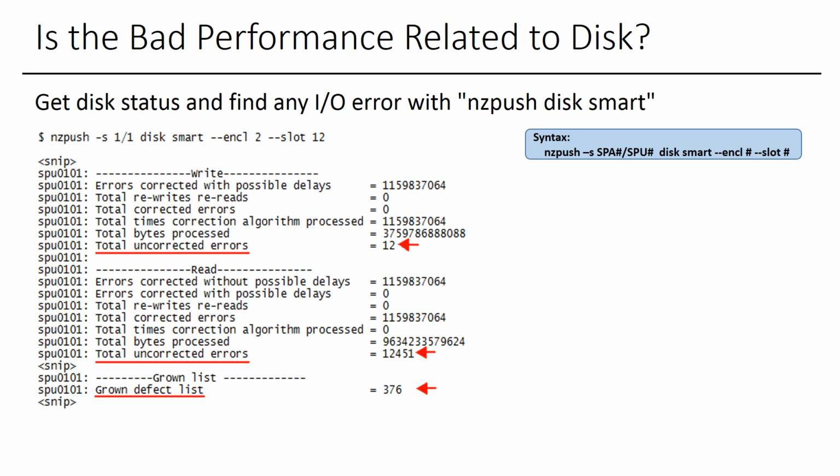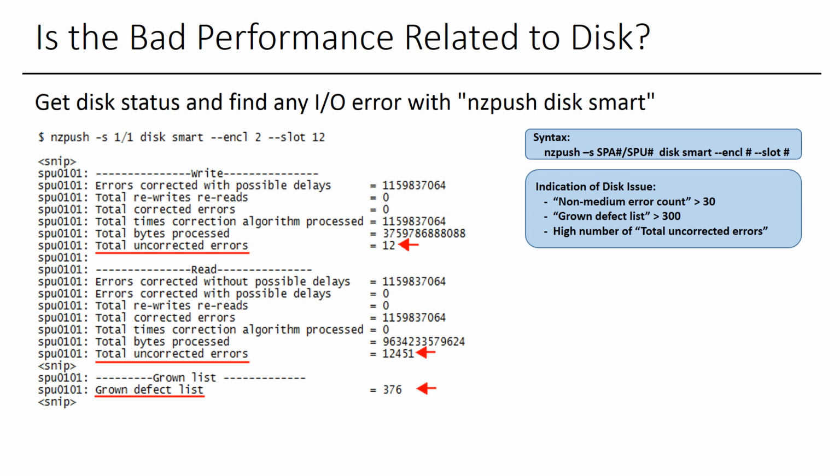You need to run the disk smart option with the appropriate SPA, enclosure, and slot information that you found with the nzhw topology earlier. If you notice a significant number of errors in the disk smart report, consider it a problematic disk. For example, a non-medium error count greater than 30 or a grown defect list higher than 300 are indications of a problem.